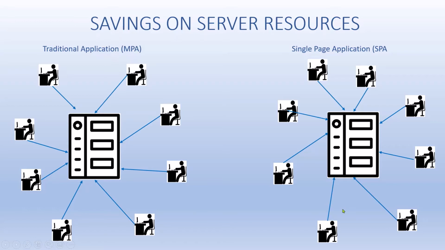But we know that for every interaction that each of these users has with YouTube, barring that initial request, the server has to respond by just sending data in JSON format. Obviously, then this is going to be a lighter load on the server, and the amount of bandwidth consumed is also going to be less.